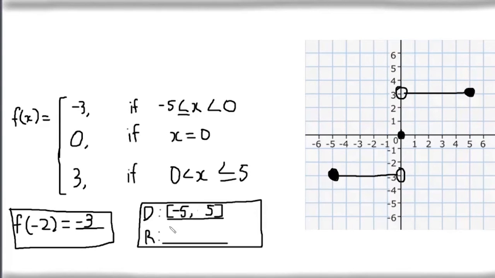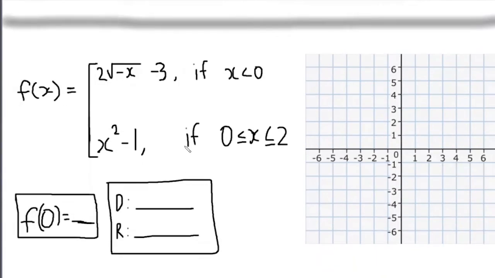I'm not really too good at drawing those. Okay. And then our first point is at negative 3. So you want to start from there. You want to go from bottom up. So negative 3, 0, and then 3. And there you go. We have finished our problem about piecewise.